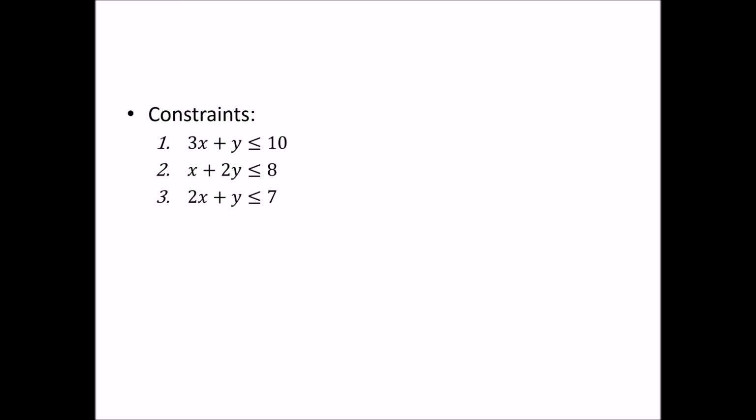Okay, so now we want to look at graphing our constraints. So what are they? We've got this one, which was the planning. We've got the filming. We've got the editing. And stop and think for a moment if there are any other constraints. Well, there are. It doesn't make sense to have a negative number of videos. So for that reason, X is going to be greater than or equal to 0 and Y is greater than or equal to 0.